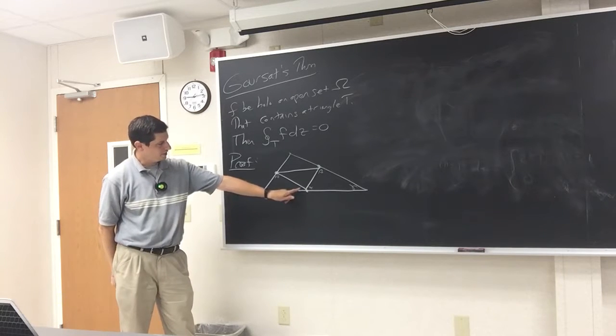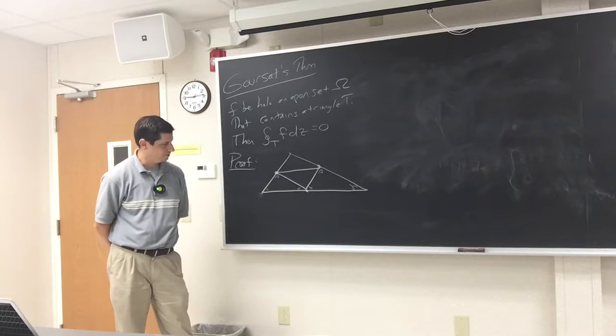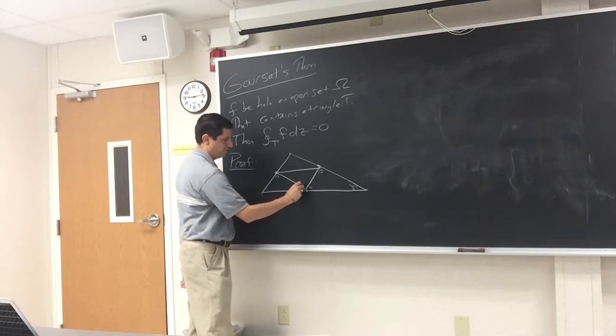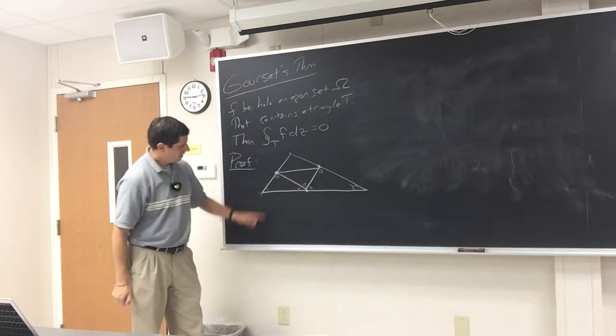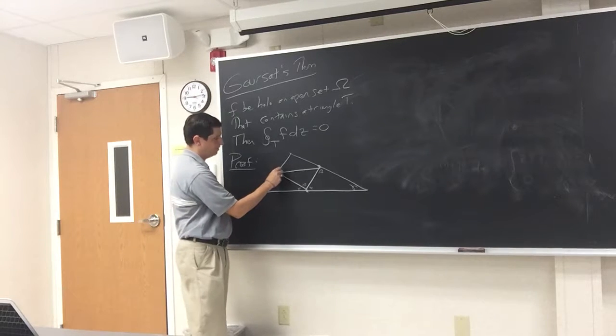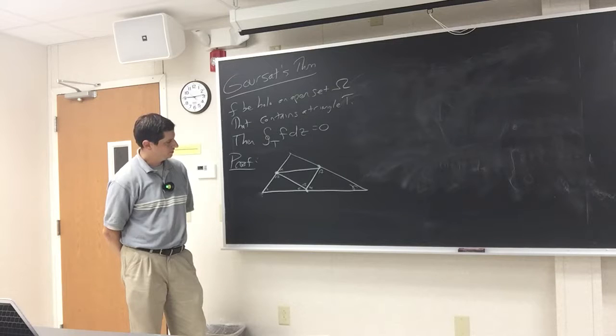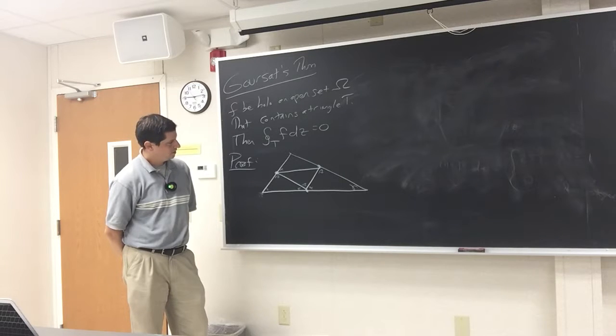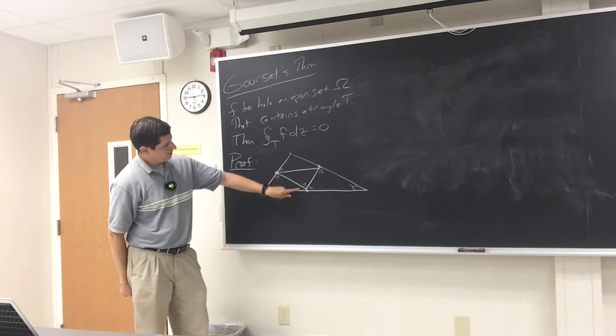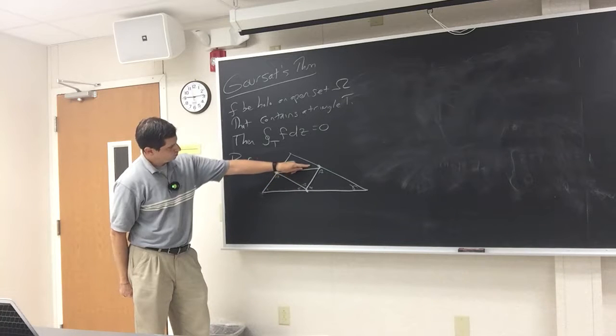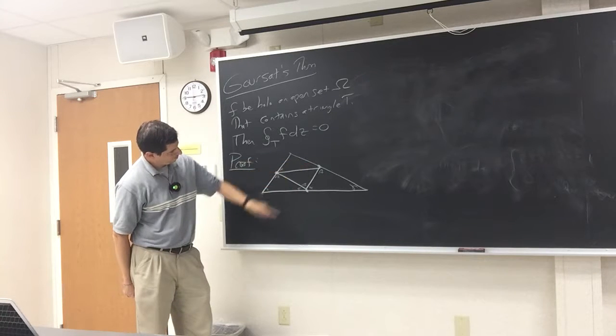If this is gamma and this is alpha, what does that have to be right there? Beta, because it has to add up to 180. Since this is parallel to this, this has to be alpha up here. Which one is this going to be over here?